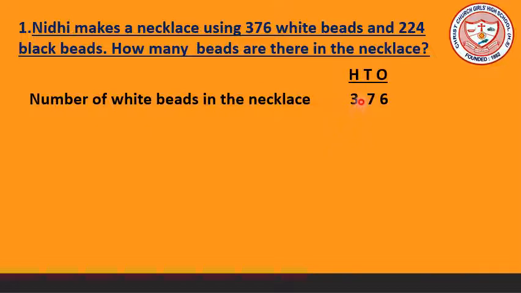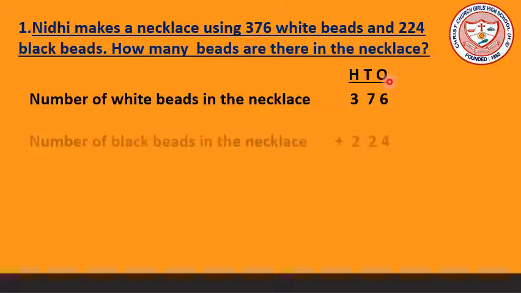That is why you can write it like this, HTO, and after that you can put the numbers as per the place value chart, or you may not write this HTO, but children, you have to write the number one below the other. It should be properly written as per the place value chart. Clear?